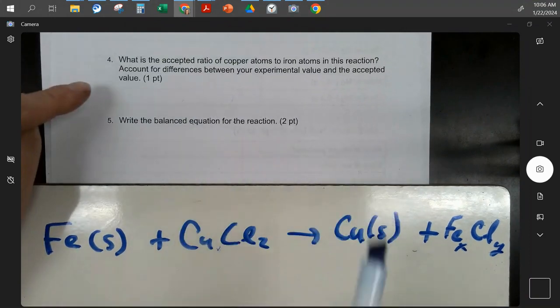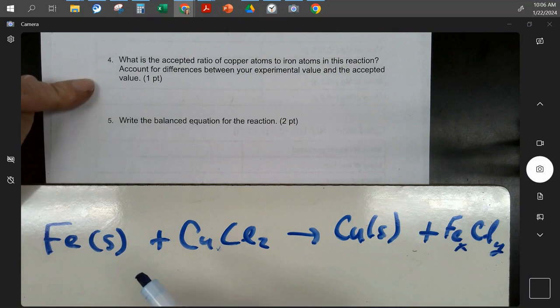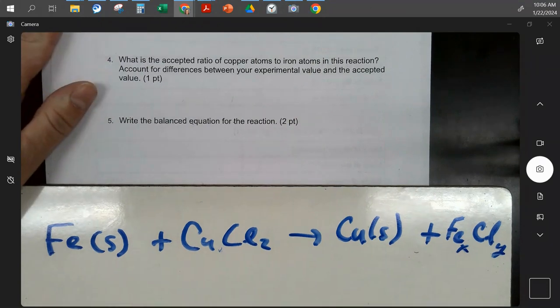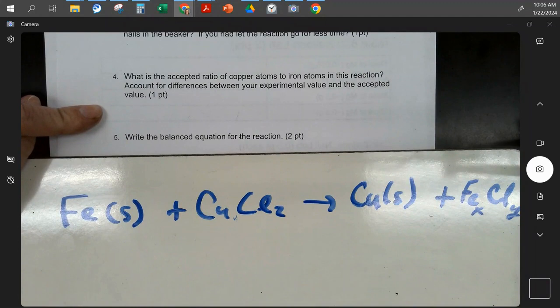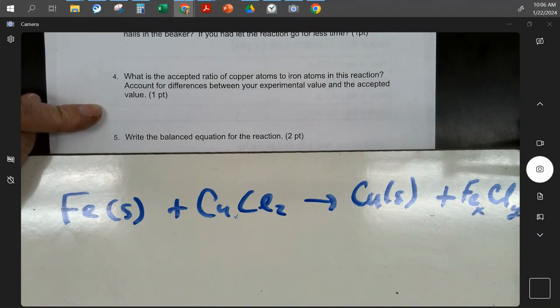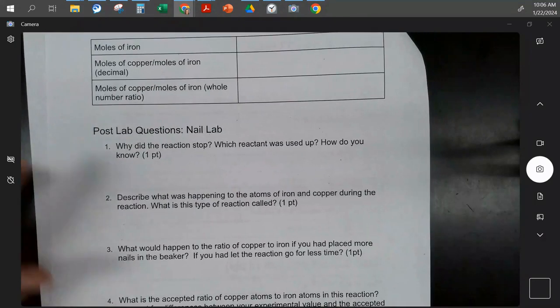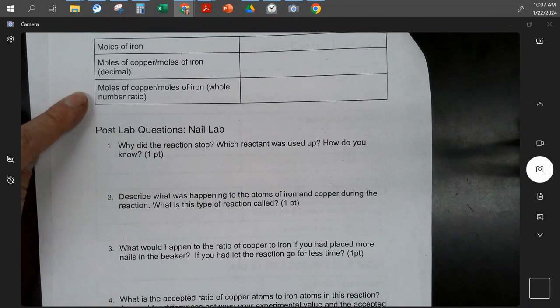So our accepted value, let's go back to this one for a minute. So the accepted value is 1 to 1. So write that down. Number 4, the accepted value is a 1 to 1 ratio. 1 copper atom per 1 iron atom. So let's go to here. What is your ratio? Is yours a 1 to 1?